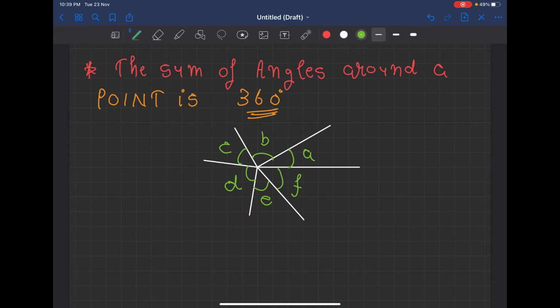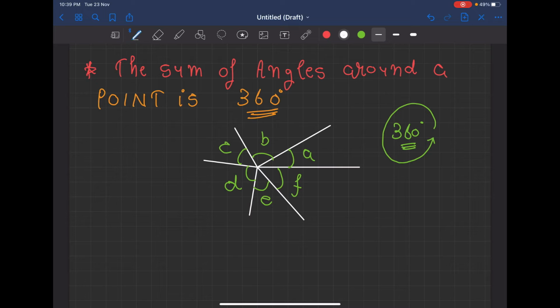Why? Because you're rotating a full circle starting from that line and coming back to that point only. So you just completed a full circle of 360 degrees and the angles must sum up to that number.